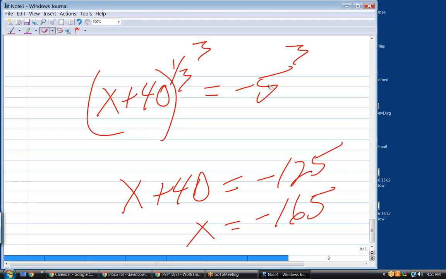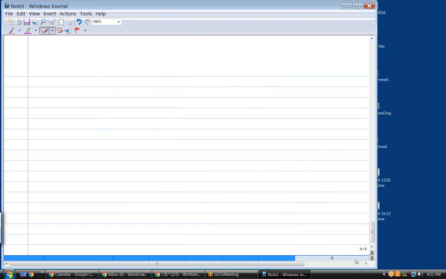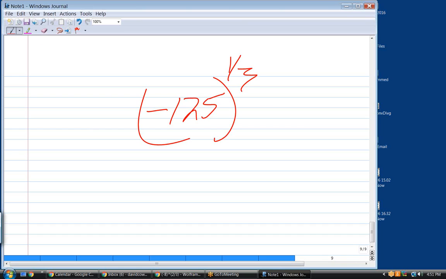So it works. Now see, there's something. In other words, I can take the cube root of a negative number like this. There's no problem doing that. That's equal to -5. It's when you have a fractional exponent that it becomes a problem.